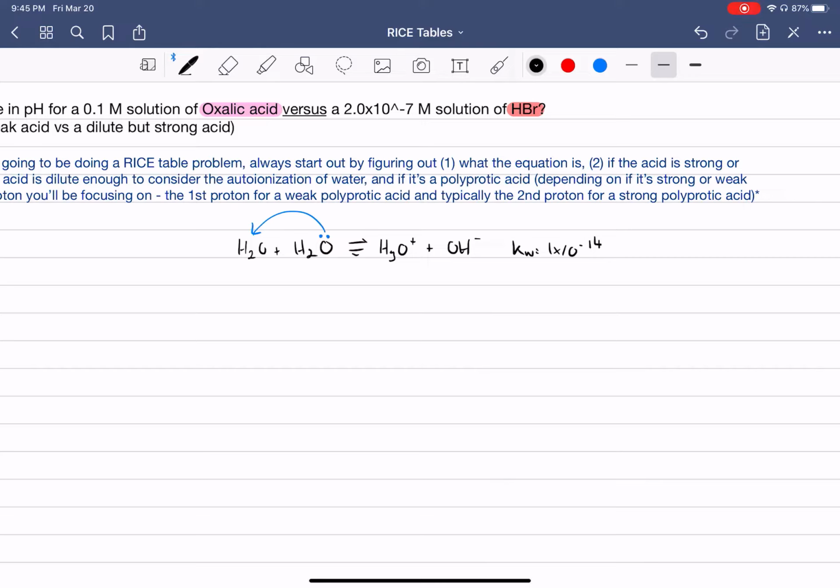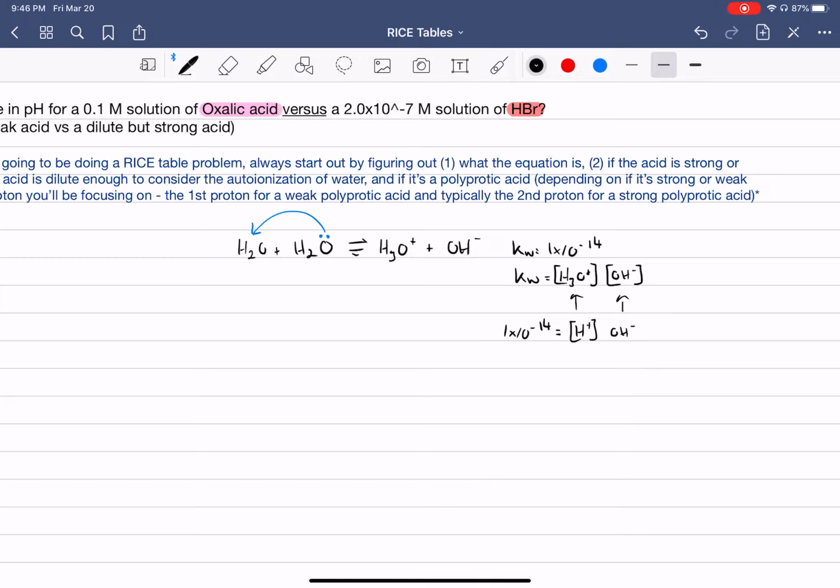And what we know is that Kw equals the hydronium ion concentration times the hydroxide ion concentration. And what that means is that each of these concentrations must be the square root of 1 times 10 to the negative 14th, right? So 1 times 10 to the negative 14th equals, I'm just going to do H plus, it's the same thing as H3O plus, right?